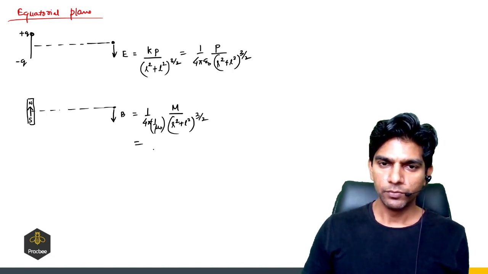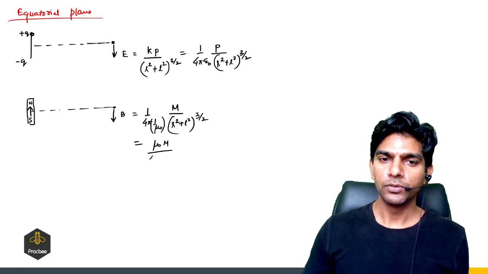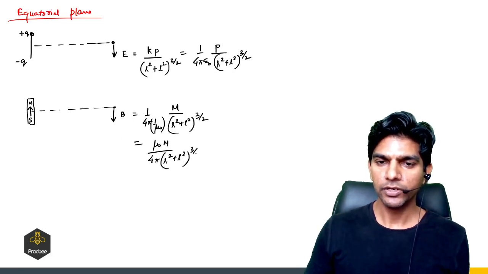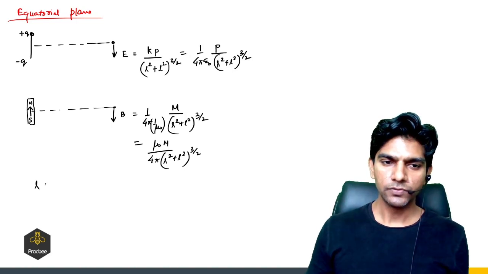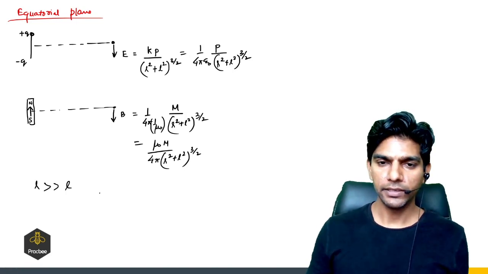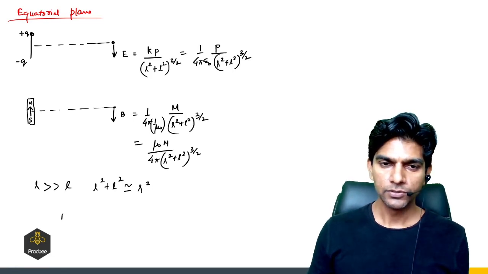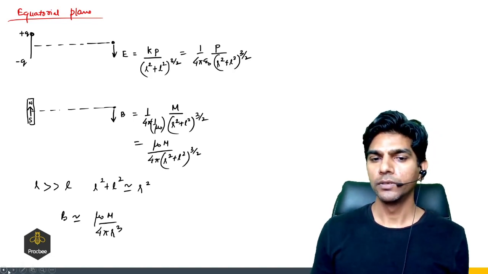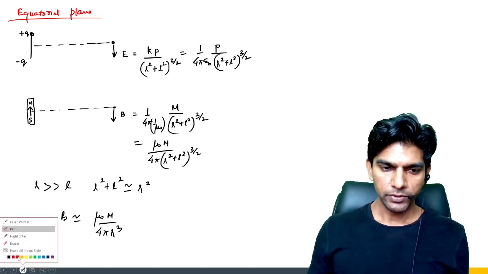So this is mu naught times m upon 4 pi, r square plus L square raised to power 3 by 2. Now if r is very large in comparison to L, then r square plus L square can be written as r square. So magnetic field will become mu naught m upon 4 pi r cube. So you have to remember both the formulas.